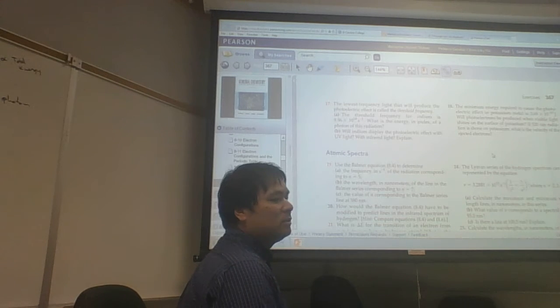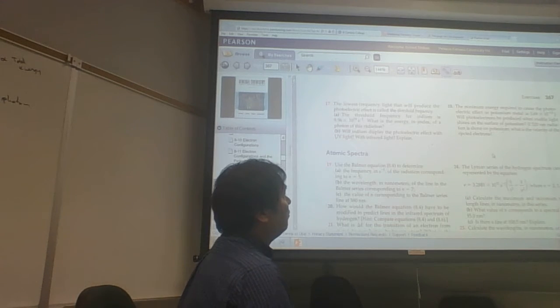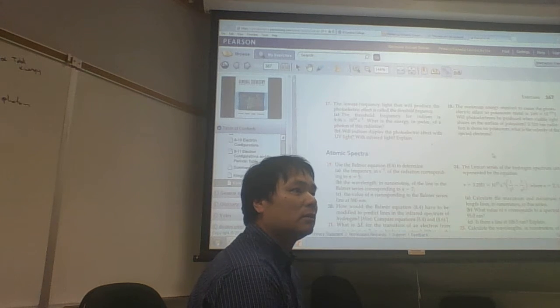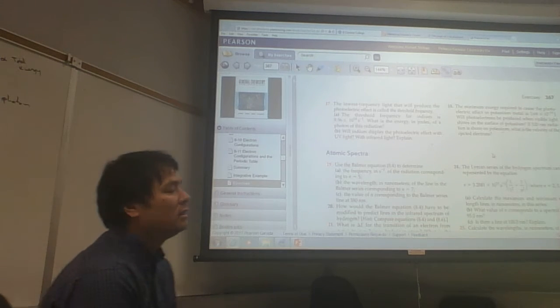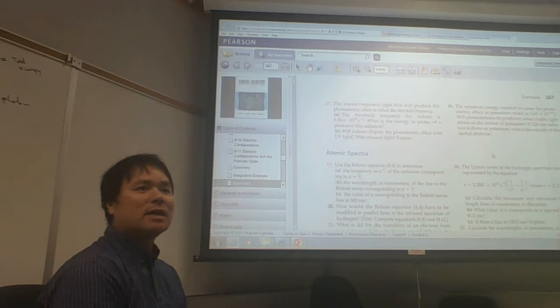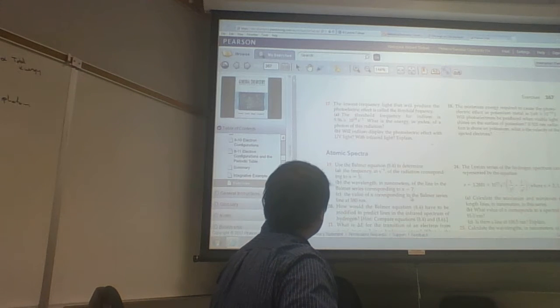Okay, so what we have to do first is calculate the energy of 520 nanometer light. What is the energy of the photon? And then once we get the energy of the photon, is it greater than 3.69 times 10 to the minus 19?